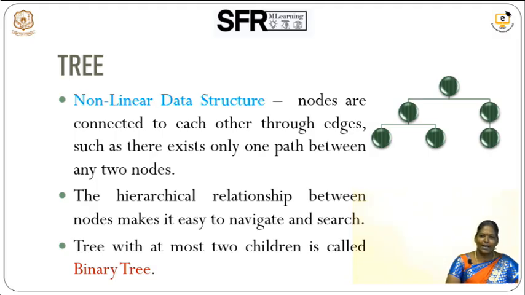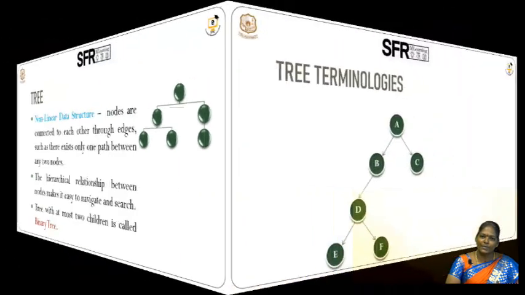They follow a hierarchical way of representation, so it is easy for navigating as well as for searching. A tree with only two children is called the binary tree. Today we are going to see the binary tree only.